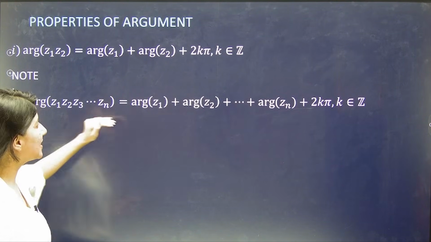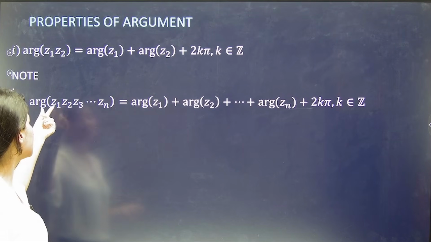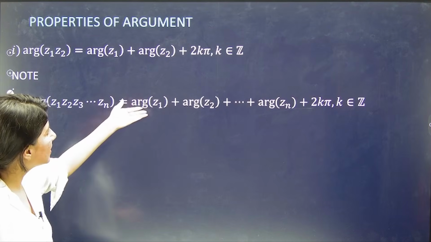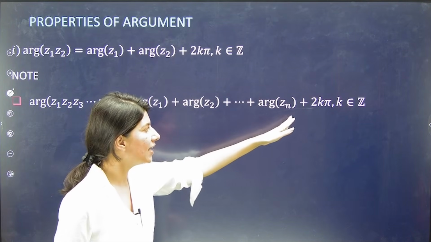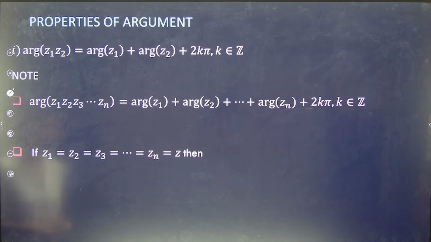If I apply the same thing in general, for multiple complex numbers Z1, Z2, Z3, Z4 up to Zn, again this is argument Z1 plus argument Z2 plus argument Z3 and so on, and the 2k pi is for the adjustment. All right, clear.